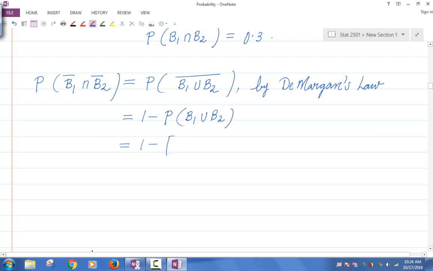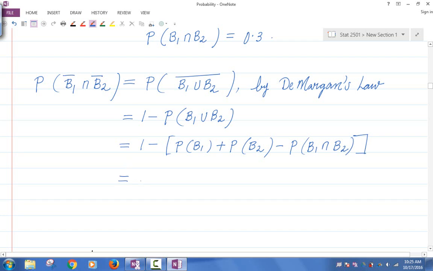Okay, what is the probability of B1 union B2? Well, we have just proven that the probability of B1 union B2 is the probability of B1 plus the probability of B2 minus the probability of B1 intersect B2. And we have just looked at that result. So now we just plug in our numbers, right?